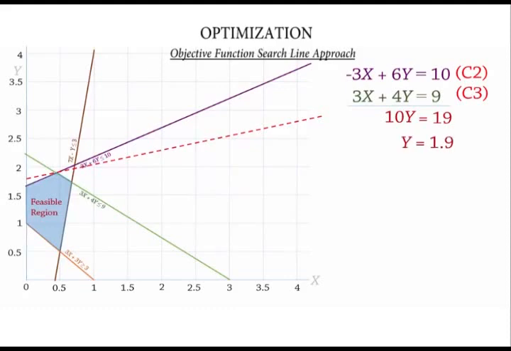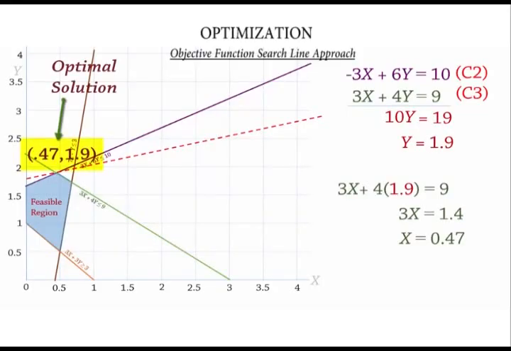Substituting that in equation 3, we have 3x plus 4 times 1.9 is equal to 9. 3x is equal to 1.4 and x is equal to 0.47. So the optimal solution is x is equal to 0.47, y is equal to 1.9.